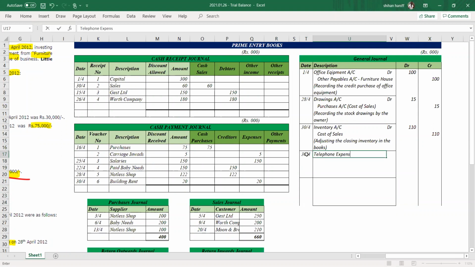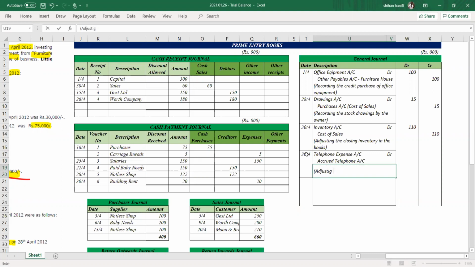Telephone expense account debit, accrued telephone account credit.